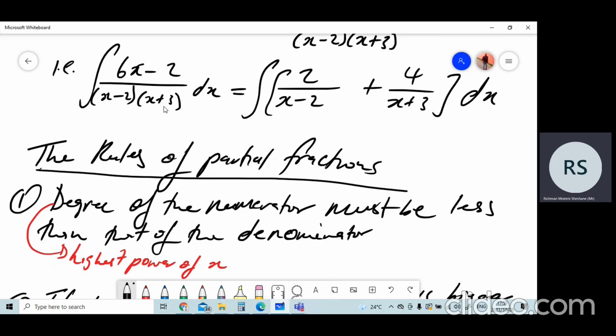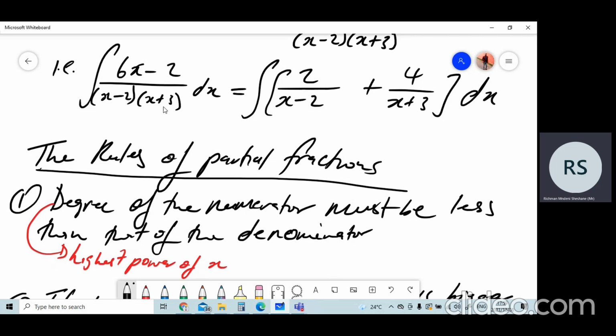Next we're going to look at the linear factors in the denominator. Each linear factor in the denominator gives you a term which is a constant over that linear. As you can see, this x minus 2 gives us a constant over x minus 2. And another term will be given by this other prime factor.